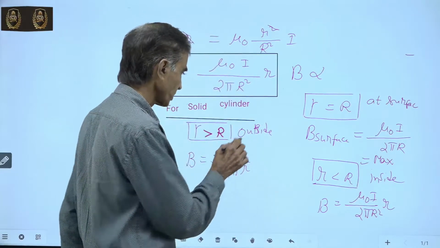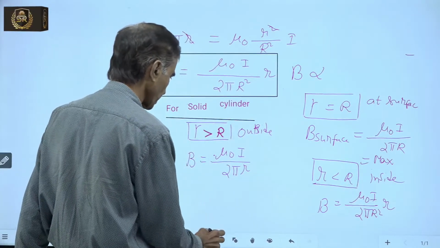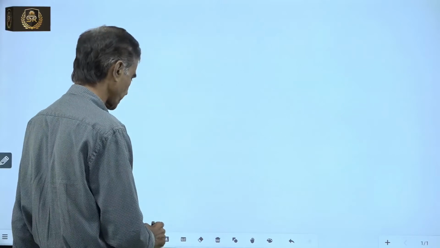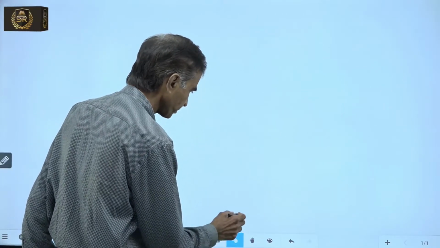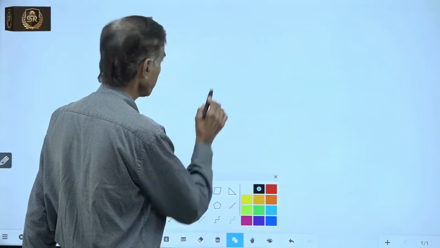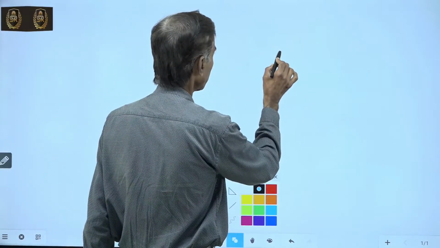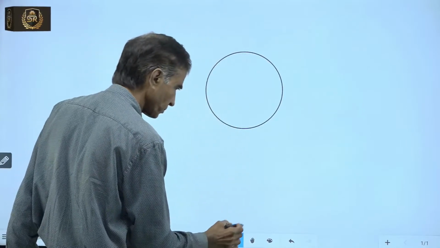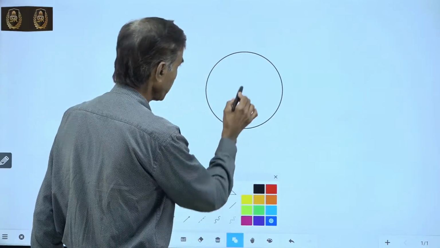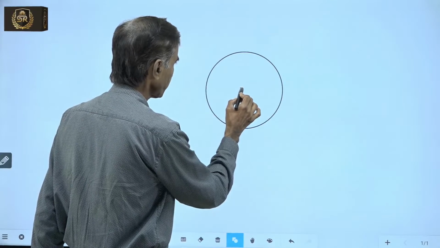Therefore, our graph will be like this now. If we are going to plot a graph, the graph is like this. So here center is our reference.